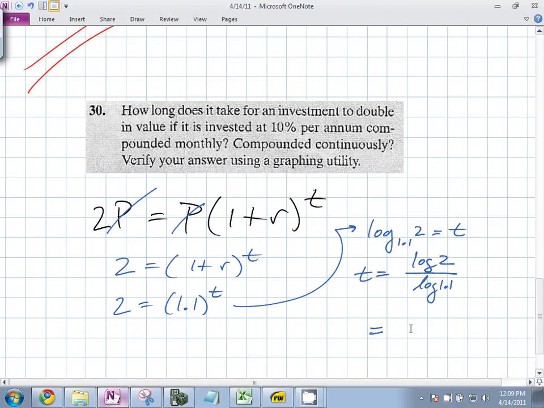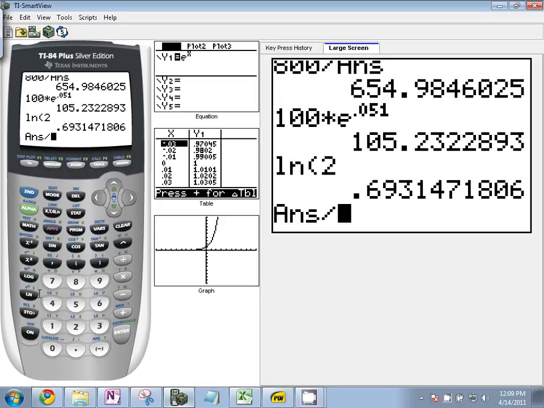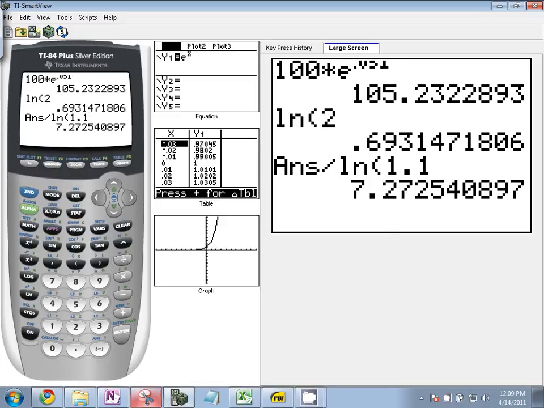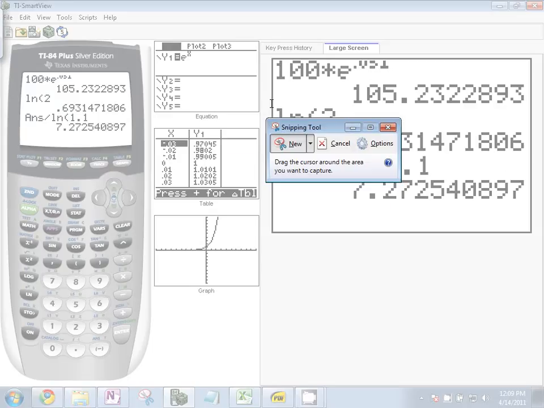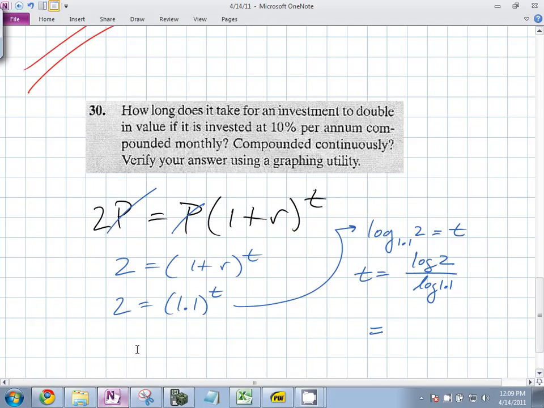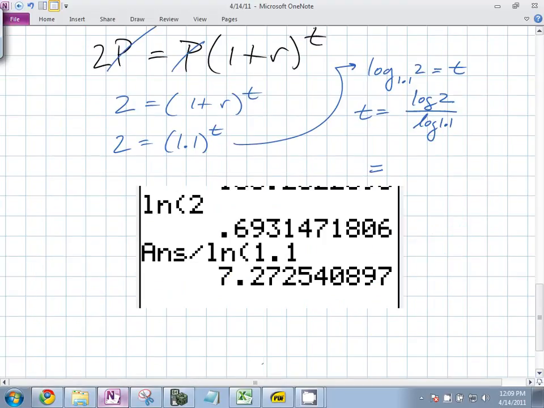Can someone do that and tell me what it is? What did you get? Do you agree with that answer? I didn't use log, did I? What did I use? Does it matter? No. As long as they have the same base, top or bottom, same thing. So how long does it take? A little over 7 years. So like 7 years and maybe a few months?